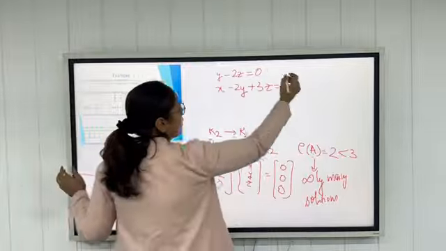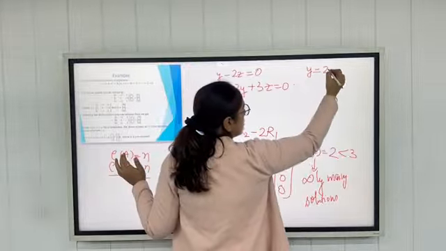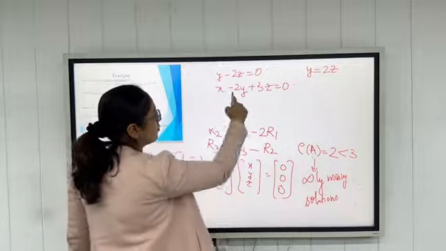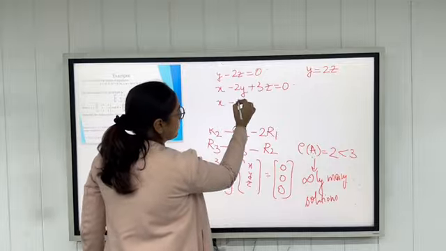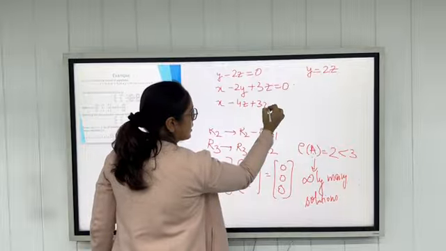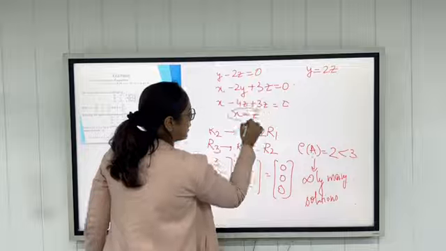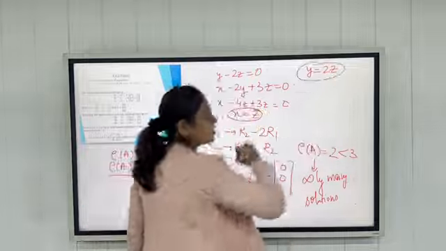So here you will get y is equal to 2z, and when you put y is equal to 2z here, it will be minus 4z plus 3z is equal to 0, and you will get x is equal to z. So x is equal to z, y is equal to 2z.